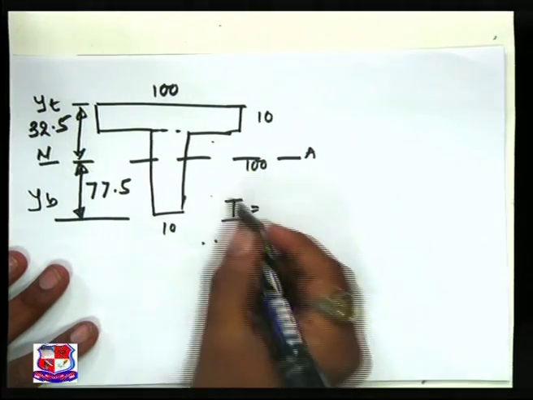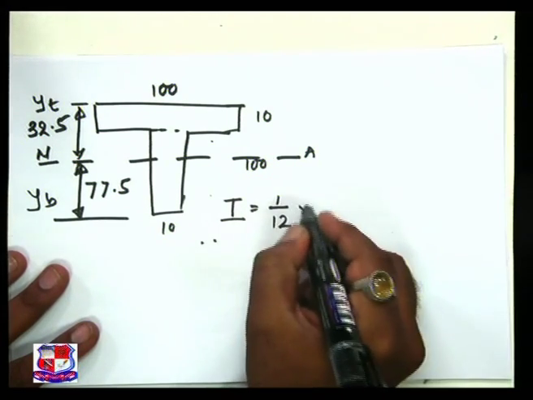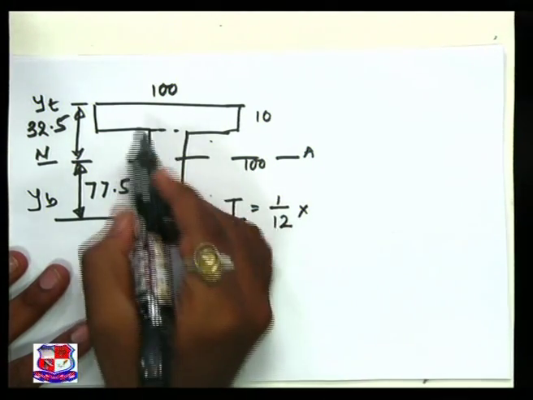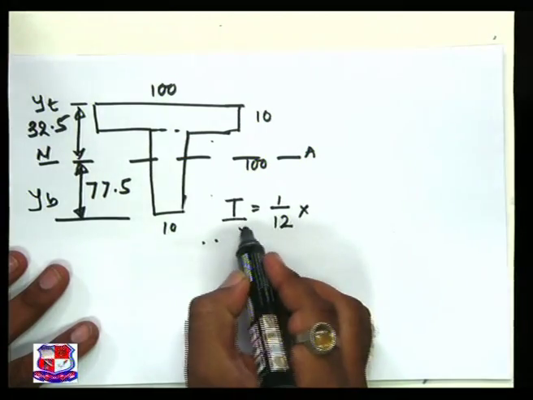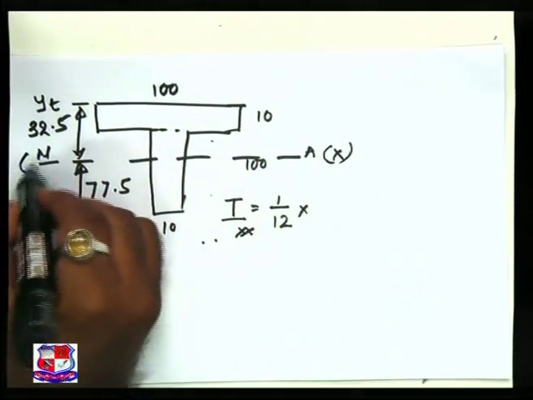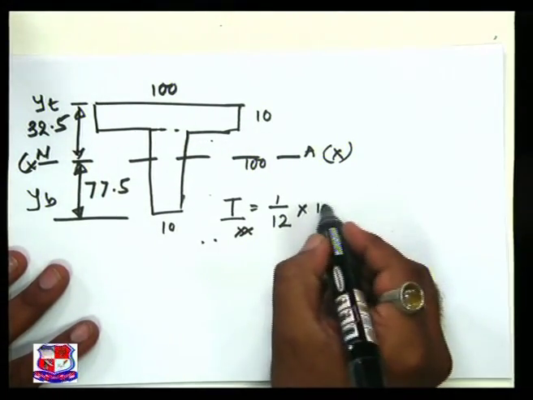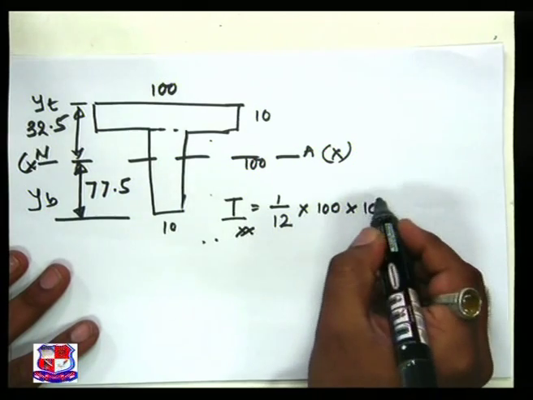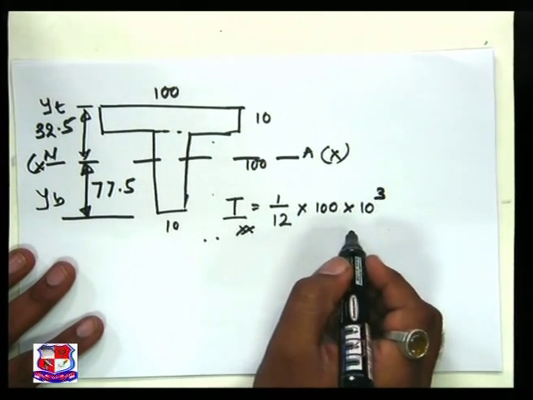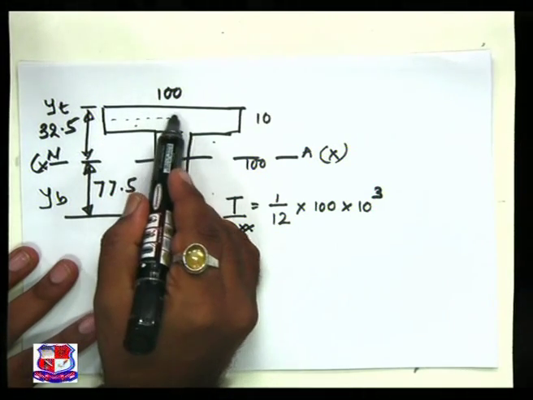So I for this first rectangular section is 1 by 12 b d cube, because I found out Ixx, this is my xx axis. Then 1 by 12 b d cube is the I for the first rectangular part about its own axis.